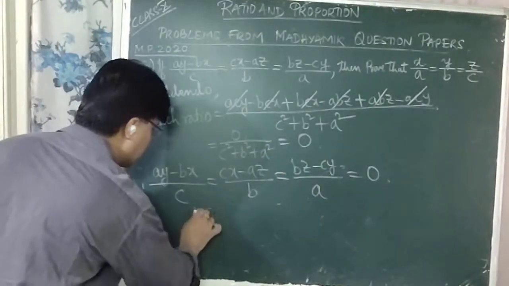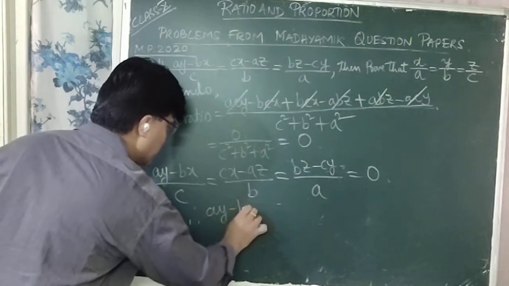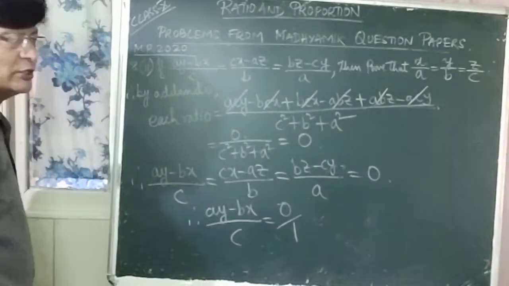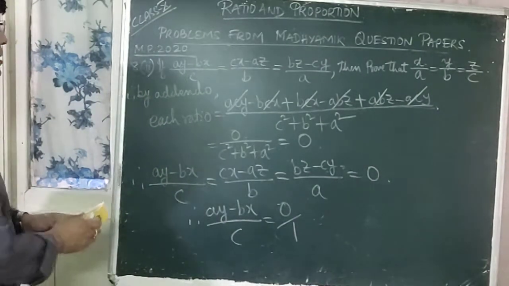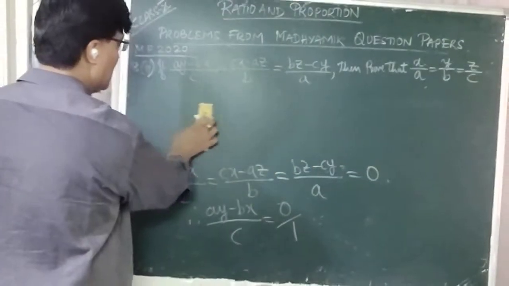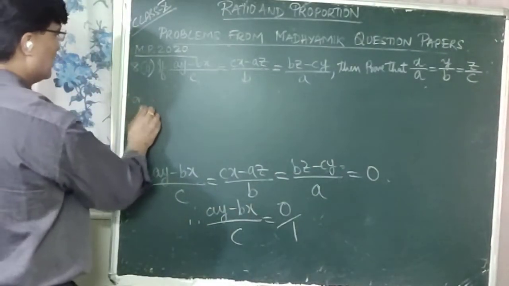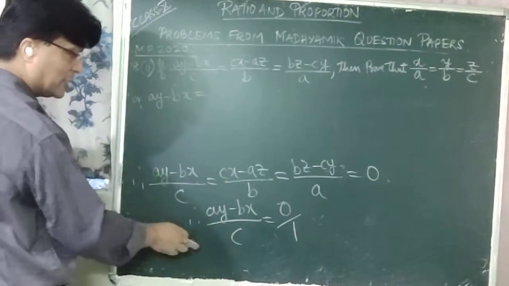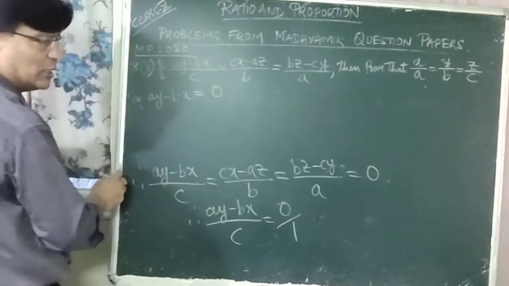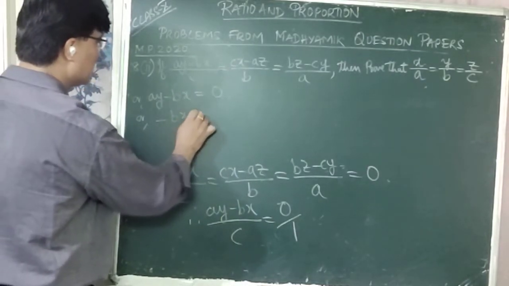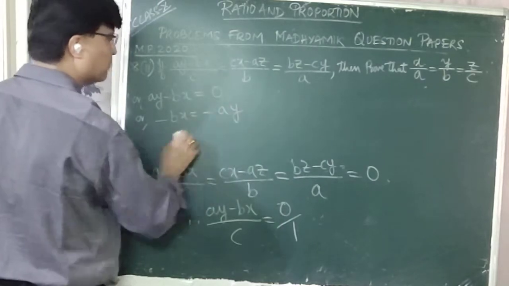So now let us write ay minus bx divided by c is equal to 0. Below 0 there is 1, isn't it? So now let us cross multiply. What do we get? ay minus bx into 1 is ay minus bx, 0 into c is always 0. Now minus bx is equal to minus ay, right?